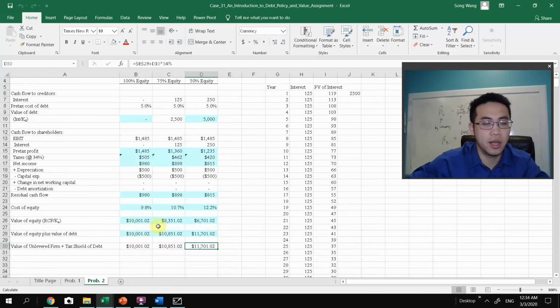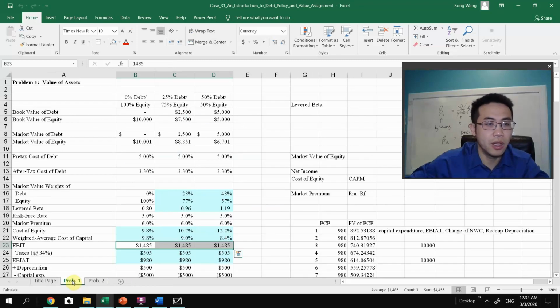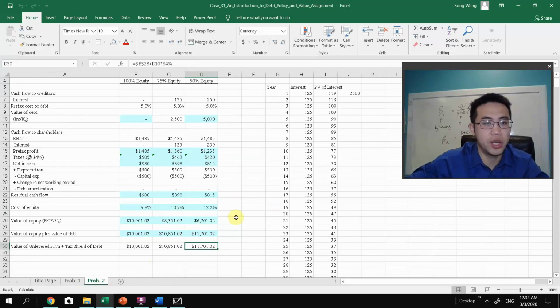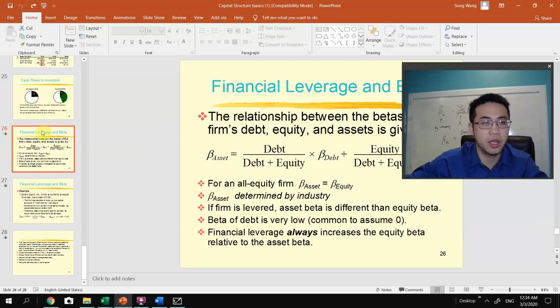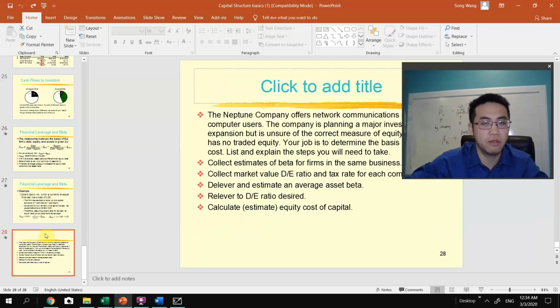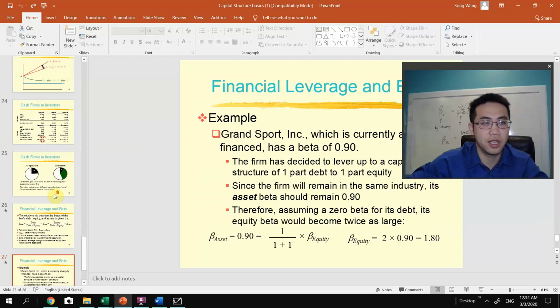So these are all the numbers you need. And if I ever test you on the levered beta like this, when tax rate gets involved, it would be extra credit. But for all the rest, those are required knowledge. The knowledge appeared in this PowerPoint slides, which will be covered or have already been covered in class.